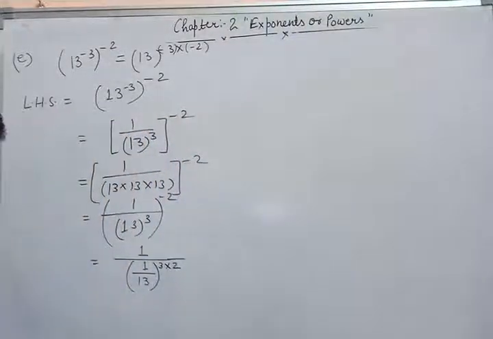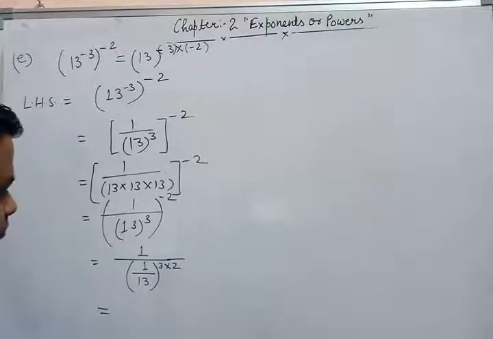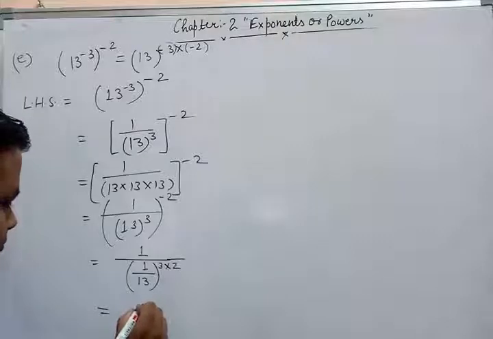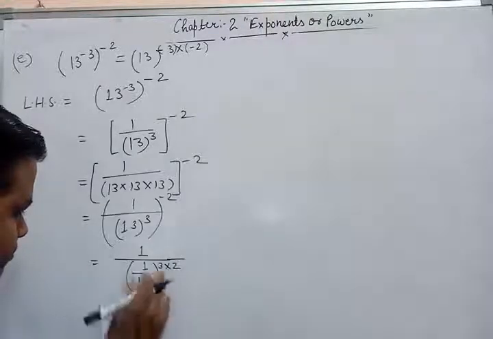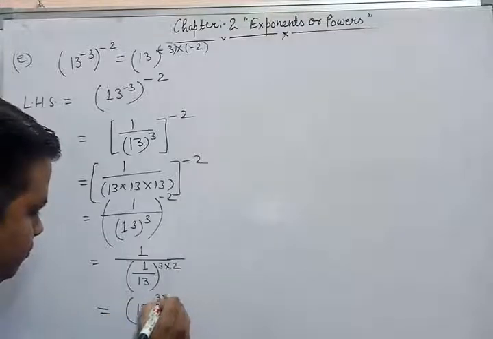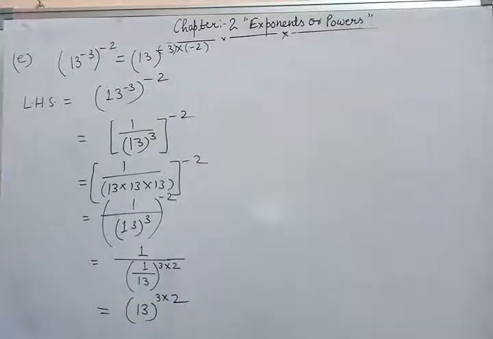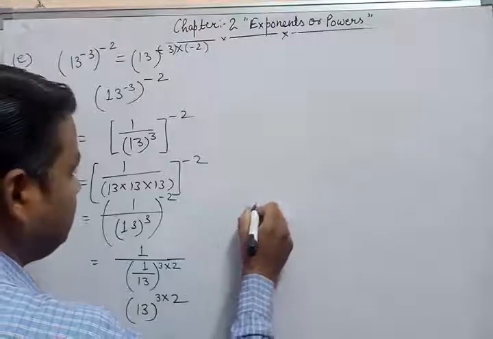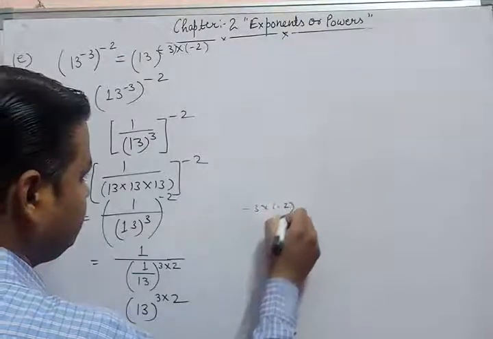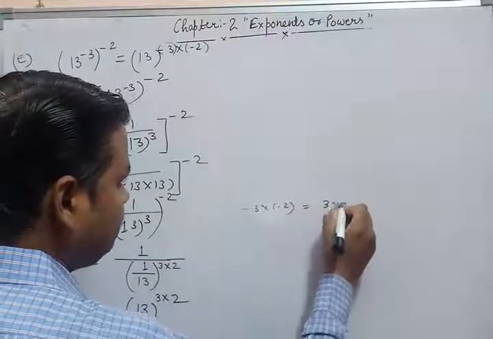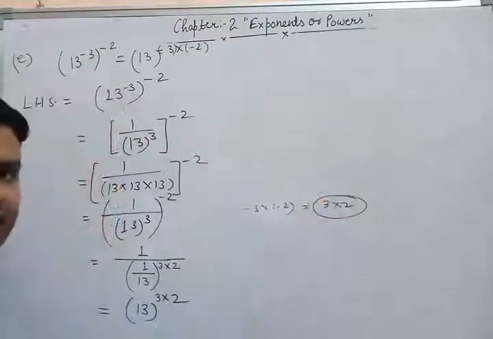So it means this fraction can be written as 13 to the power 3 into 2, but we know that minus 3 into minus 2 we can write as 3 into 2. How can we write it?